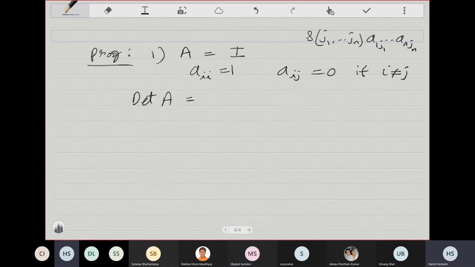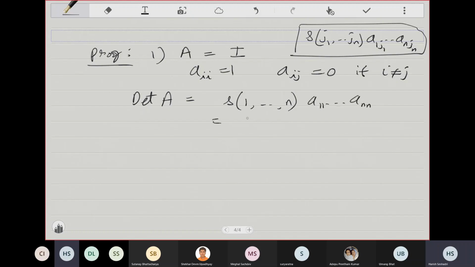So every term is of this form. So the only way a term can survive is j1 equal to 1 up to jn equal to n. So you'll get the sign of (1, ..., n) times A_11 ... A_nn.